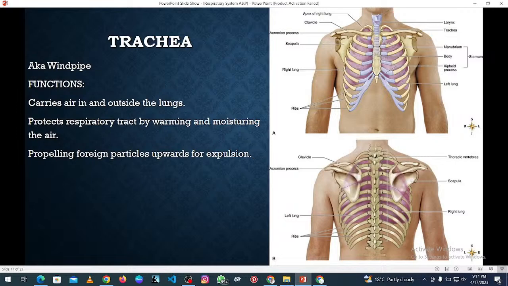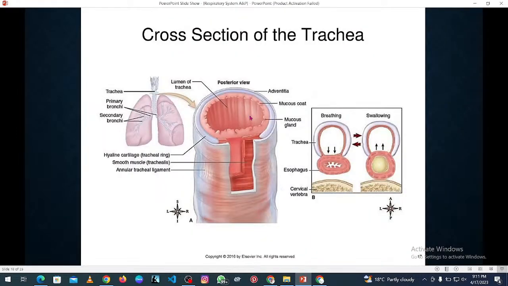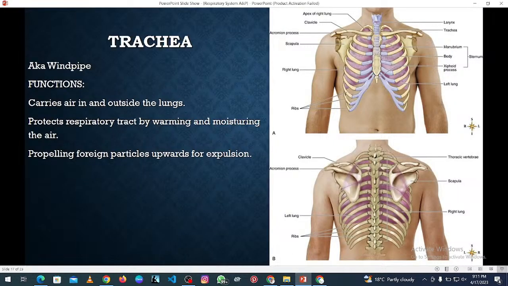There are times that you'd cough. So the cilia inside this mucosal coat have a mechanism called mucociliary rejection. It's normally facilitated by coughing. So that's what helps expel the foreign particles upward when you breathe a lot of vumbi.